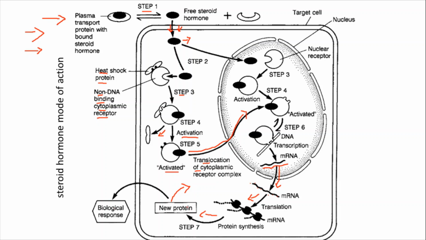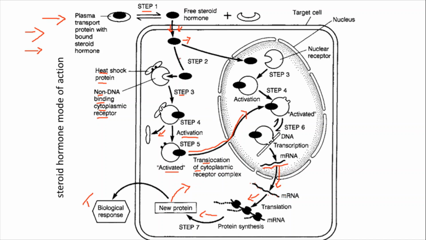Maybe the new protein is transported from the cytoplasm to the extracellular matrix. So it produces the corresponding biological response. This is collectively called the general mechanism of steroid hormone action.